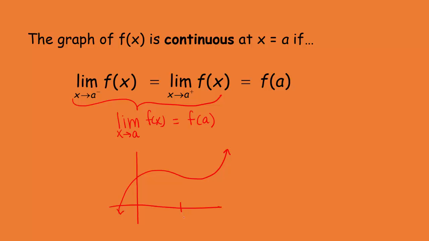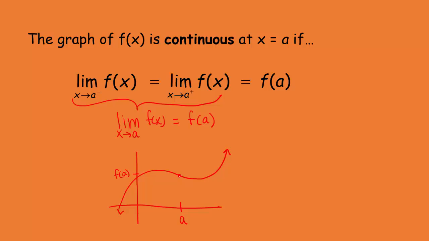So let's say that this is the x value of a. Notice that this value right here, that's going to be f of a. And the limit from the left, the limit from the right are both the same value. They're approaching f of a, right? And that's what makes this graph continuous.